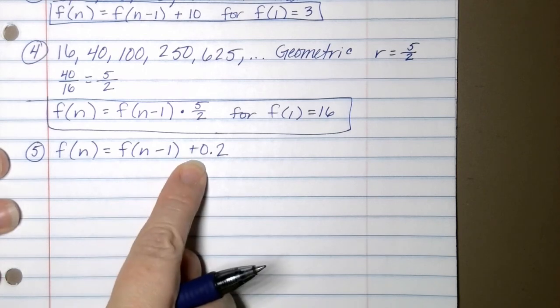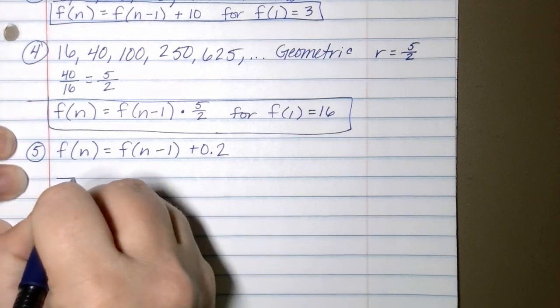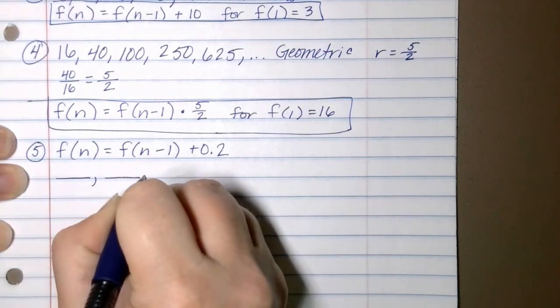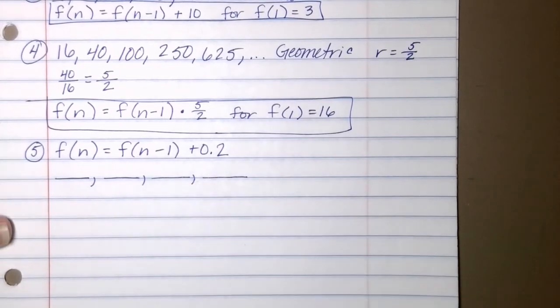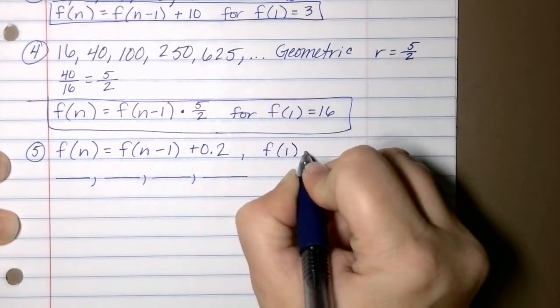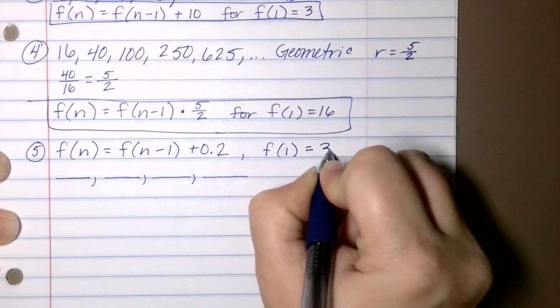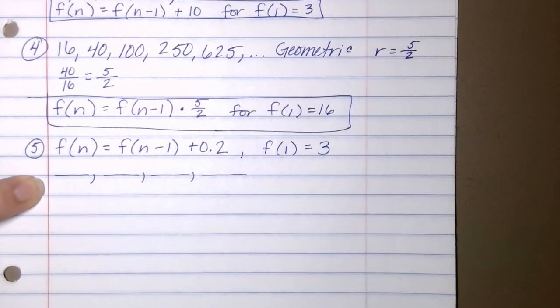Now, do you see how I don't have a starting place? So if I asked you for the first 4 terms, how do I know what goes in the first blank? That's why we have to give you this in a recursive formula. Because otherwise, what do you put in that first blank? 0, 10, negative 100? You have no idea.